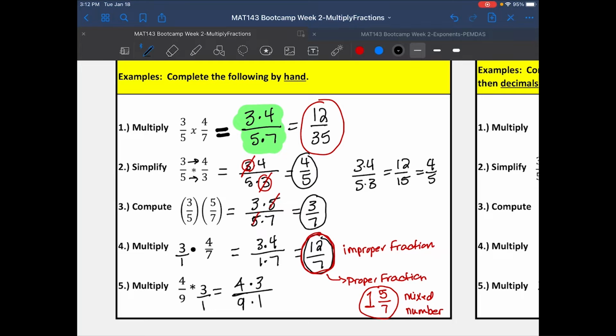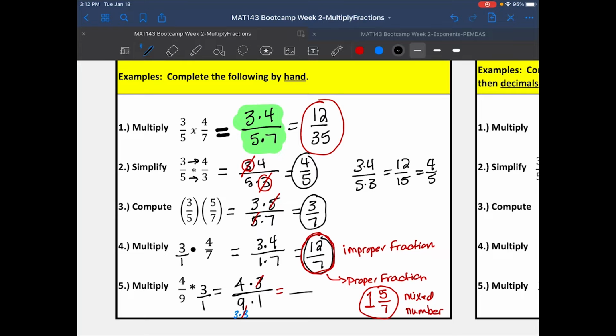And when I look at these numbers, I don't necessarily see the same number in the numerator and denominator, but I do have a factor that exists in both. Because 9 is really 3 times 3, I can reduce this by taking out a factor of 3.